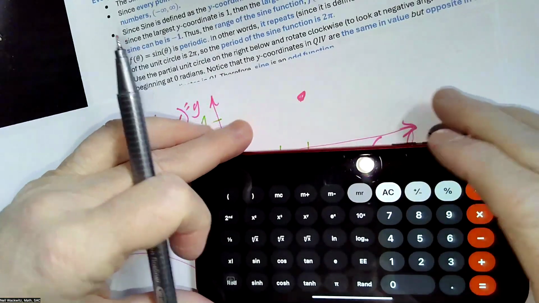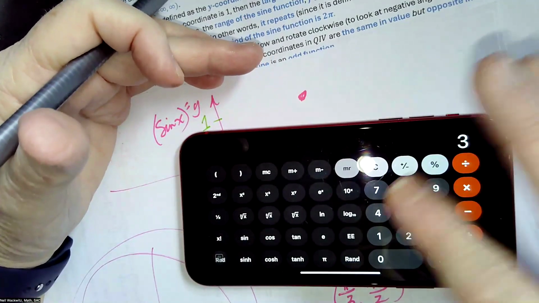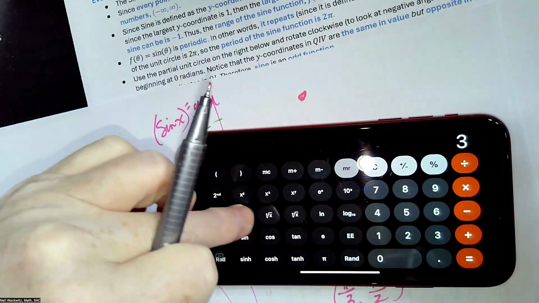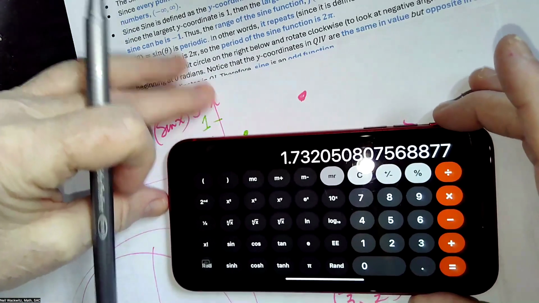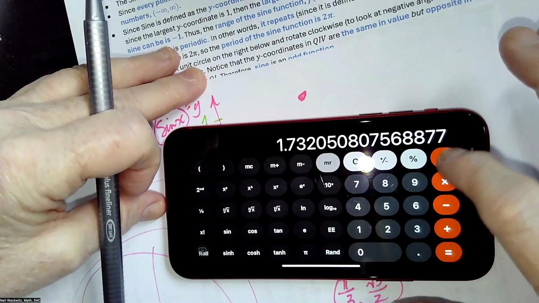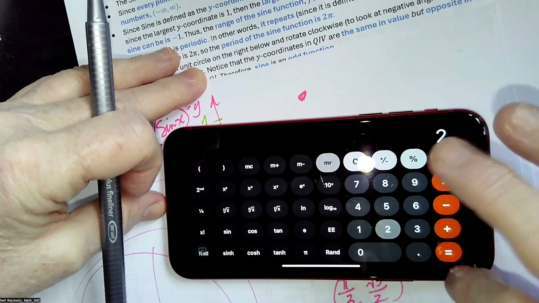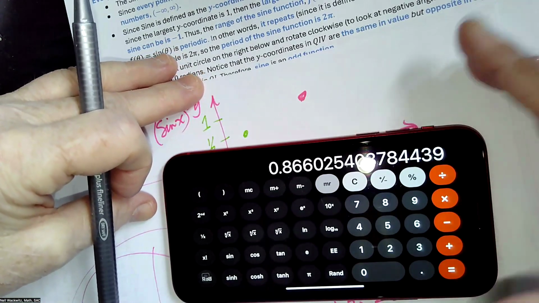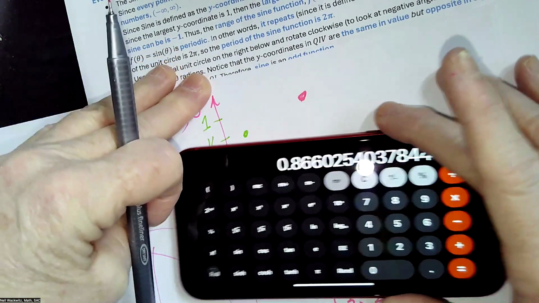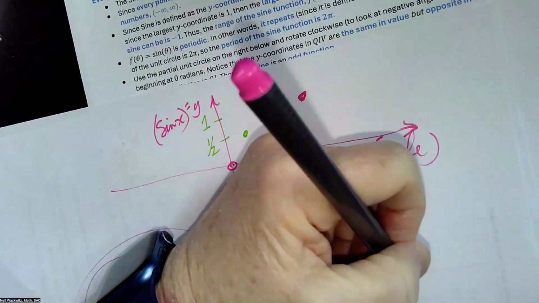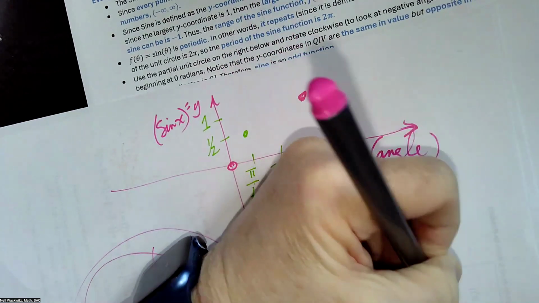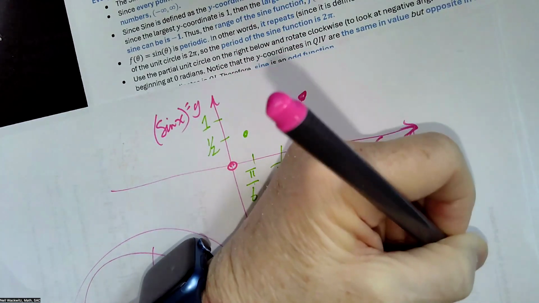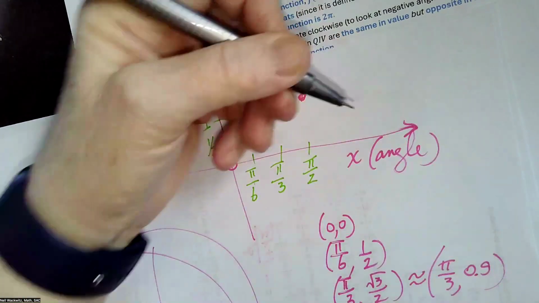So square root of 3 is approximately 1.7, divided by 2. We're going to call this 0.9, but it's 0.866. So this is approximately 0.9.